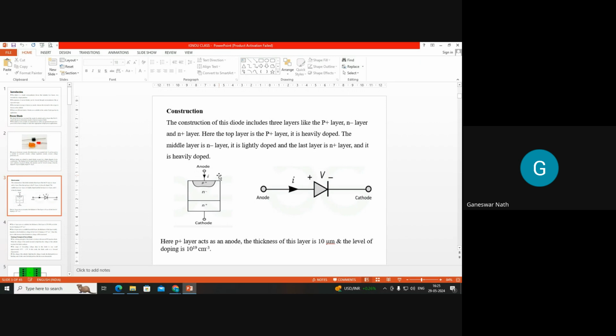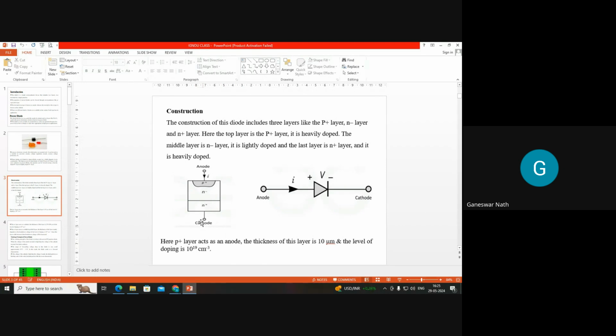The top layer is the P plus layer, heavily doped, and the middle layer is the N minus layer, lightly doped. The last layer is the N plus layer, which is also heavily doped. This P plus layer acts as the anode, and the N plus layer acts as the cathode.